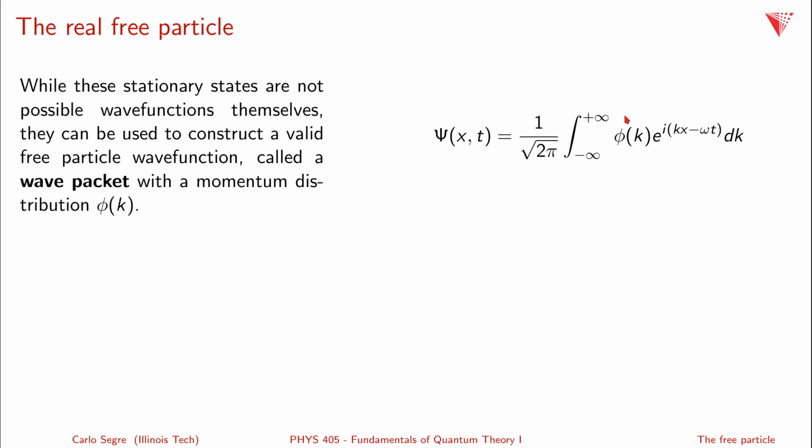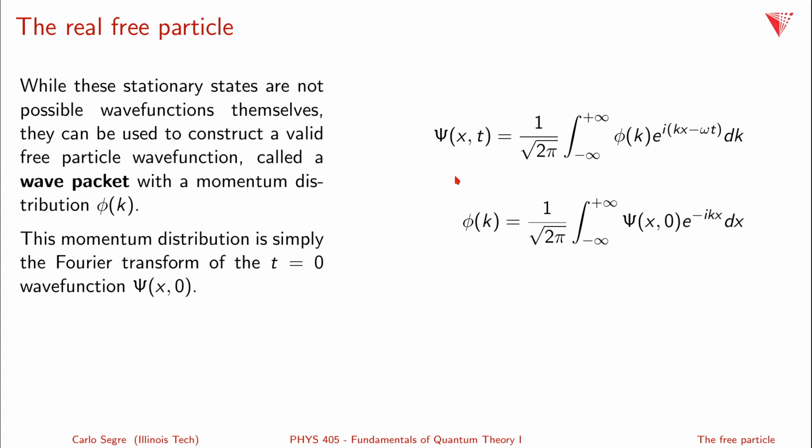So phi of k is simply the Fourier transform of the wave packet, or the wave function that you really want for the real particle at time equals 0. And so phi of k is simply 1 over the square root of 2 pi, the integral from minus infinity to infinity of psi of x and 0 e to the minus i kx dx.